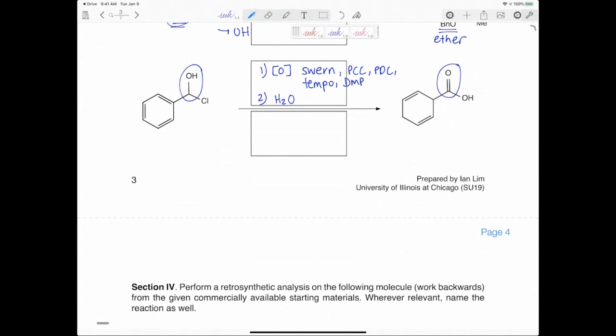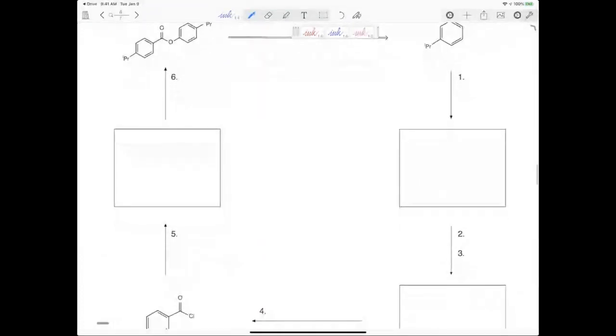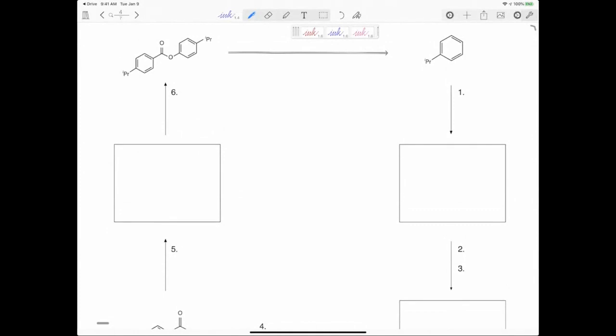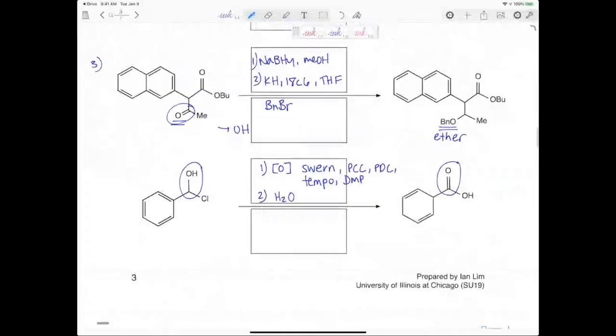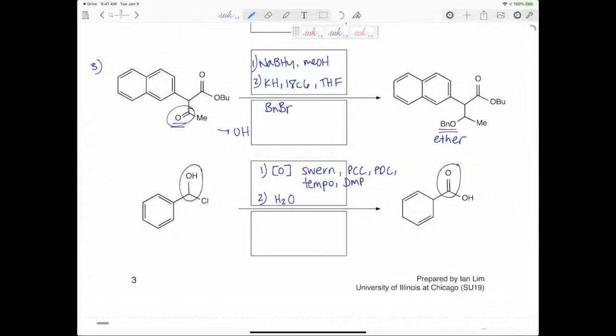All right, here comes the fun part. Now we are going to work on retrosynthesis. I don't know what's your favorite way of approaching a retro problem. Let me know when you guys are good to go. Ah, good catch.